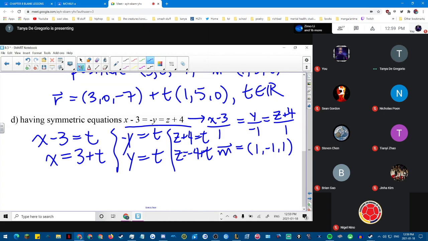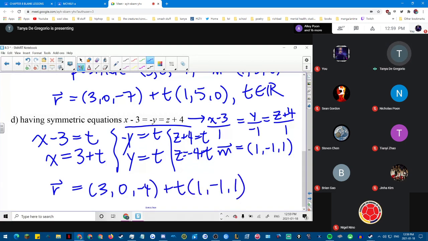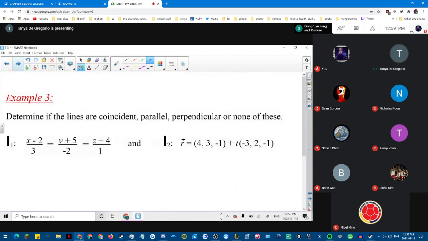And there's our vector equation from the symmetric equations. Okay. Any questions? You guys are still with me? Yes. Excellent. Okay, good.